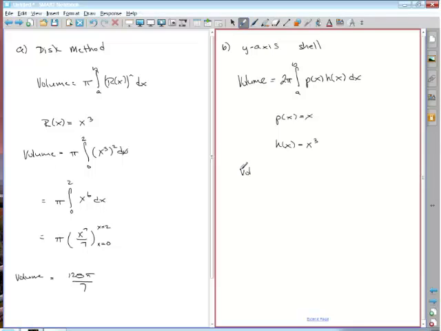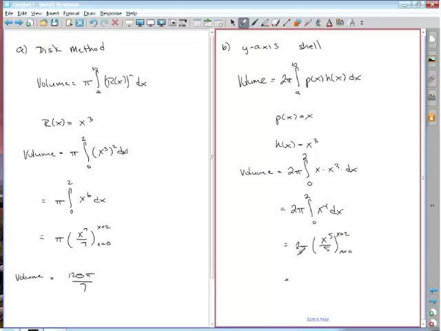So we can plug in. The volume is equal to 2 pi, the integral from 0 to 2, same integration limits, of x times x cubed dx. So we get 2 pi, the integral from 0 to 2 of x to the 4th dx. Integrating x to the 4th, we get x to the 5th over 5, evaluated between x equals 0 and x equals 2.